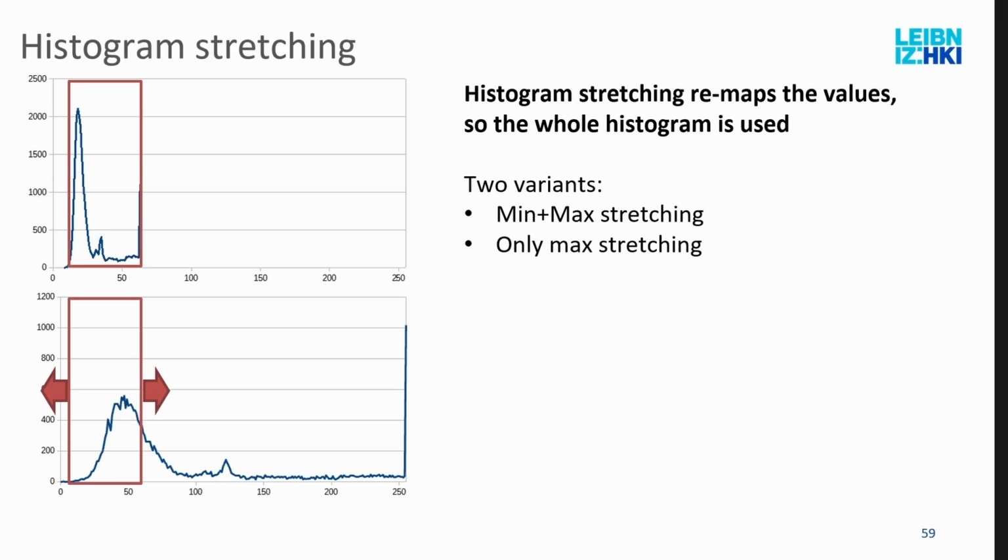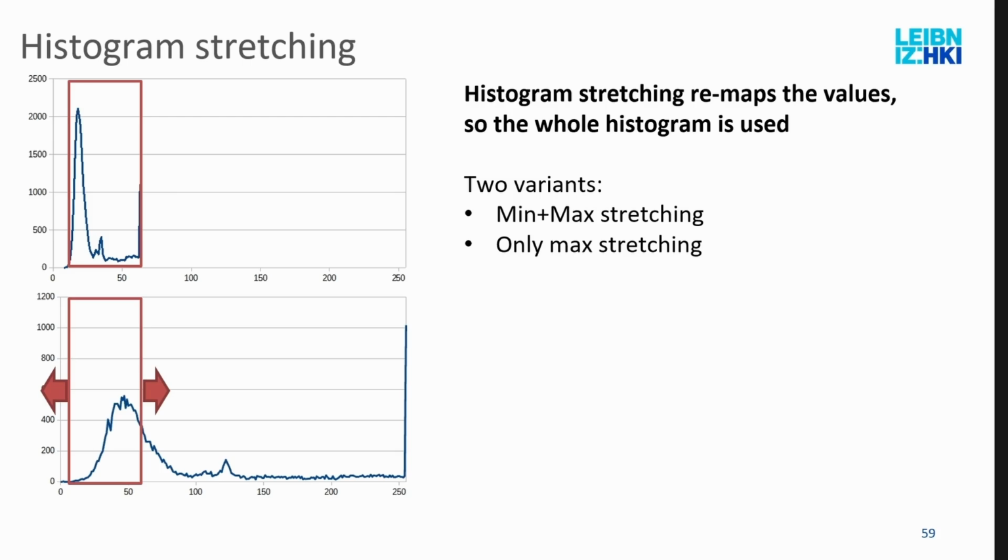And based on that, you can come up with a very basic contrast enhancement, so-called histogram stretching. And it's literally that. You take the histogram or the pixel values and you stretch them so they take over the whole histogram space. So you make use of all the values that are available. There are different variants.